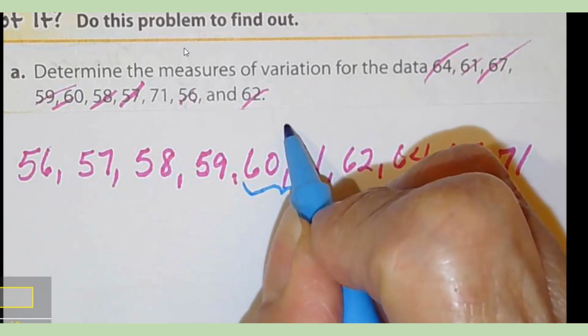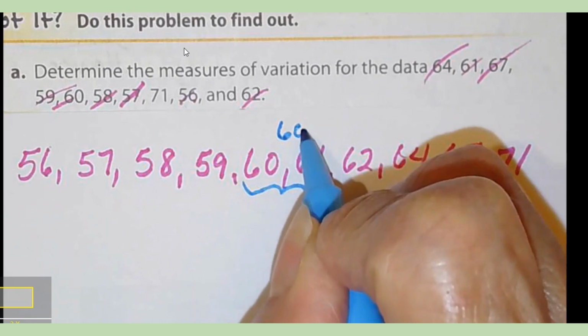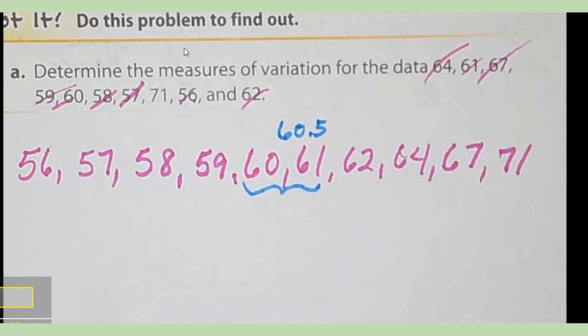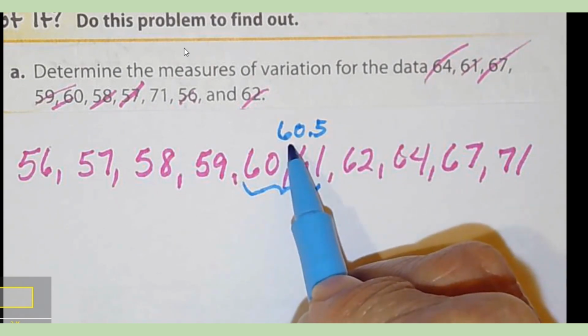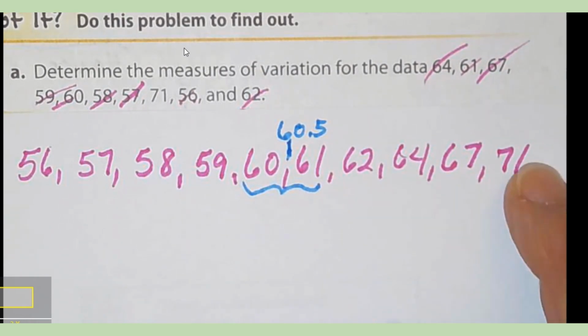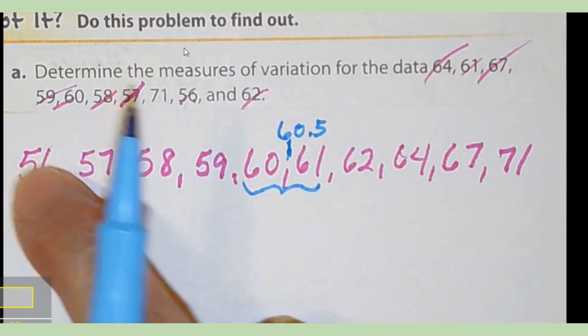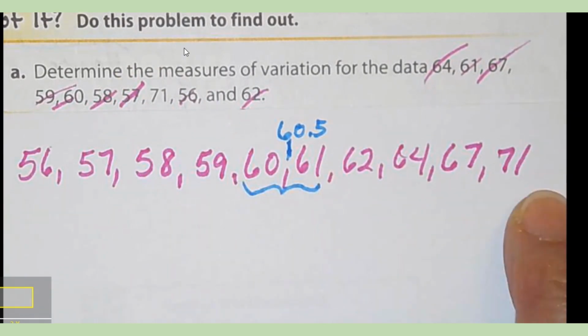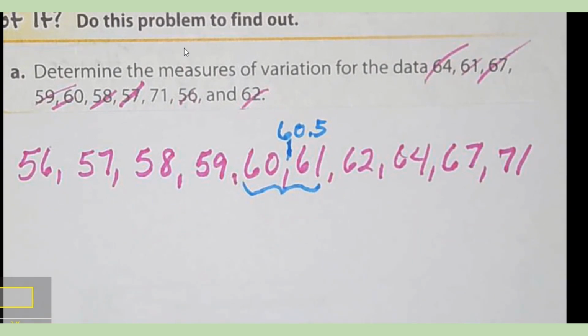I'm going to put that right up here. And I know that that's the median. Okay? So that's a measure of variation. So if this is my middle right here, 1, 2, 3, 4, 5, and 1, 2, 3, 4, 5. Now I have to find a median within these because I'm looking for 4 quarters.